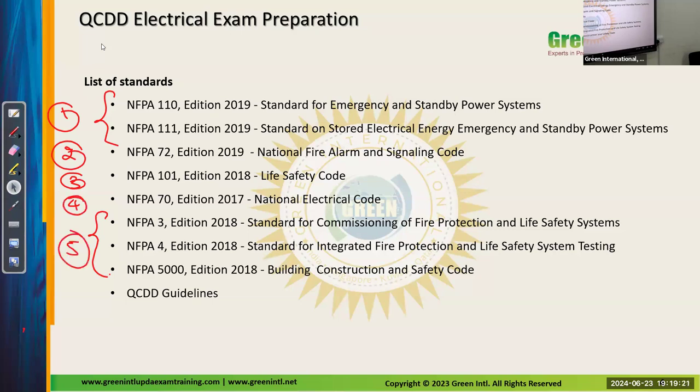We have 5 classes. In the 5 classes, the first class we discussed is about 110, 111. In this way, there is another category.